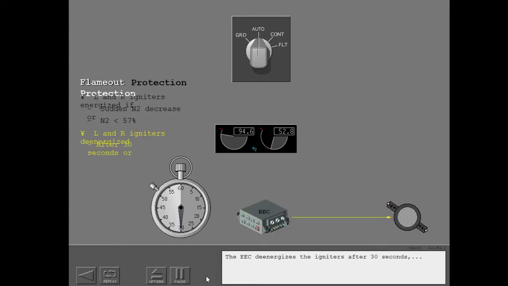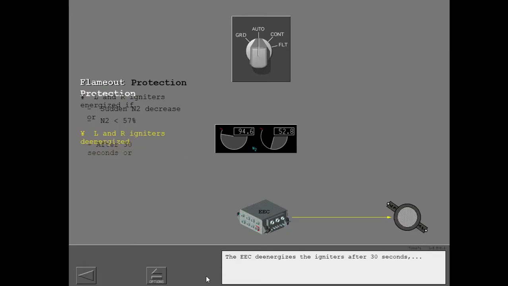The EEC de-energizes the igniters after 30 seconds, or when N2 decreases below 50%.